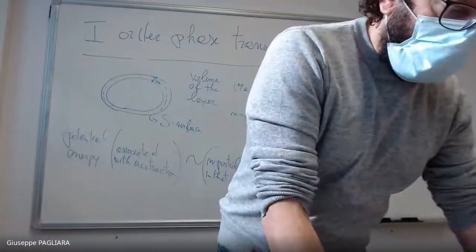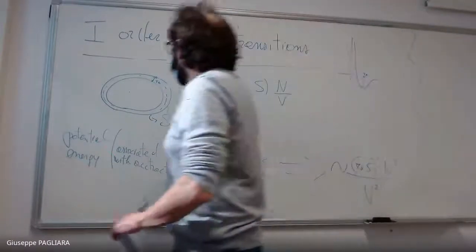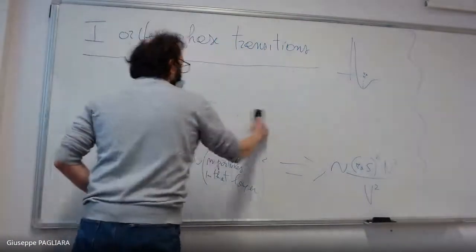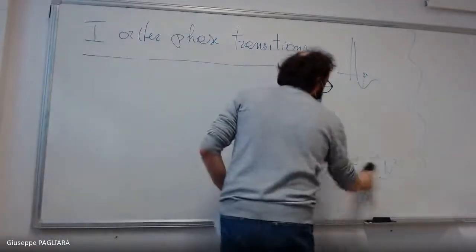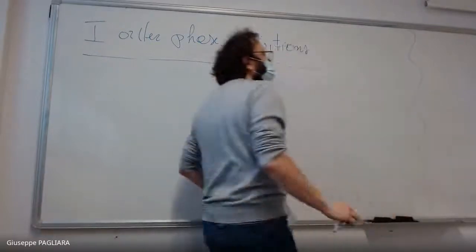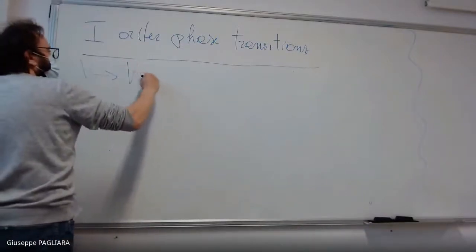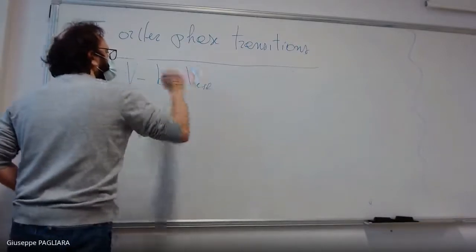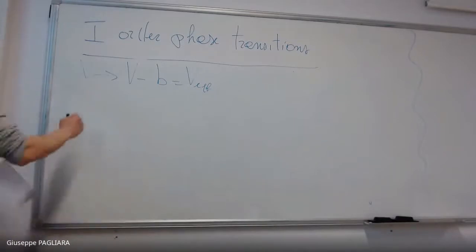I feel that we are almost done. So now we are almost ready to write the final formula, which is the following. We said that the volume of the ideal gas must be substituted by V minus B, which was an effective volume. And the pressure must be corrected also.